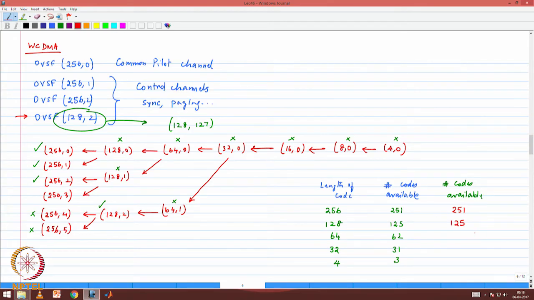Okay, but it starts to affect the lower value. It doesn't affect the 64 as well, but it does affect the lower spreading factor codes: only 2 are available from the spreading factor 4, because this particular code 128,127 comes from a different parent if you go back in the OVSF tree.